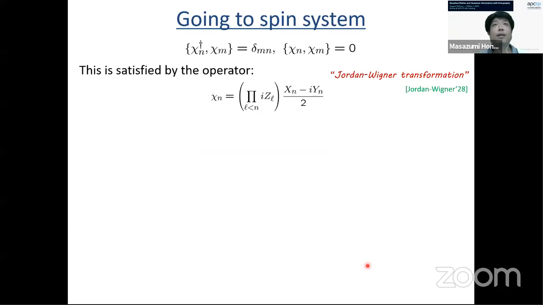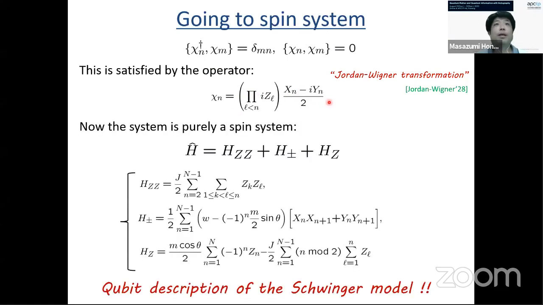But additionally, let's go to a spin system by using the Jordan-Wigner transformation. Using this Jordan-Wigner transformation, although it looks complicated, we can rewrite the system in terms of a purely spin system.